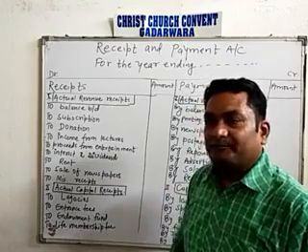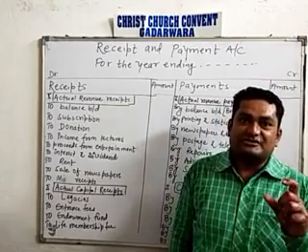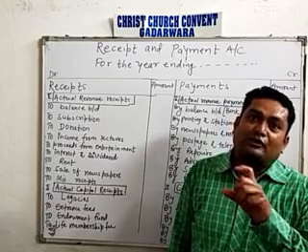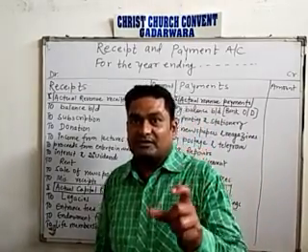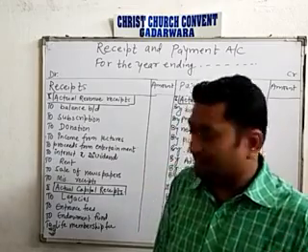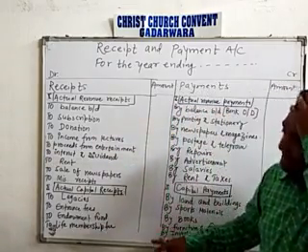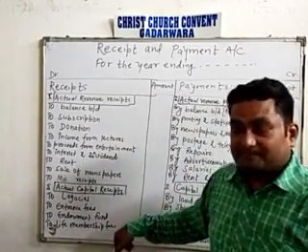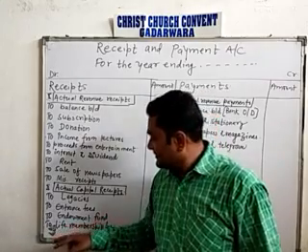Then endowment fund. Endowment fund means a support for any person or institution for a long time, for lifetime we can say. Endowment fund supports a person or an institution for lifetime. So this is a capital receipt because its amount is huge. Then life membership fee. For this also experts have different opinions.